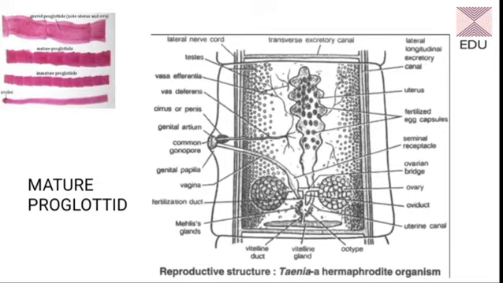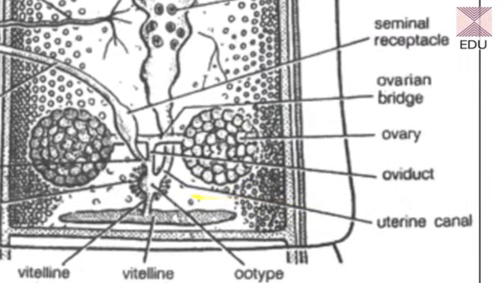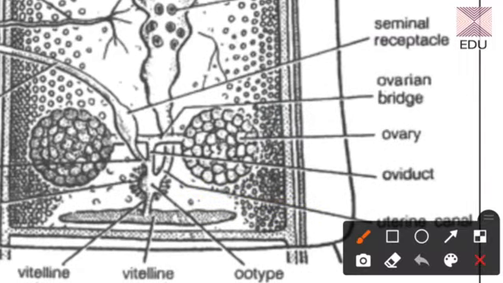One thing should be clearly seen in this diagram: a layman will see it as two ovaries, but this is a single ovary. You should be very clear that this is a single ovary with two lobes.